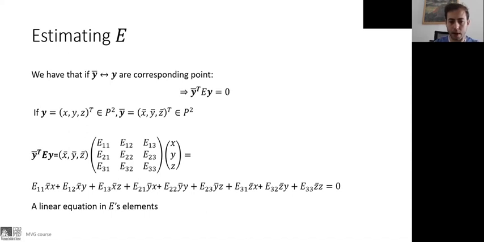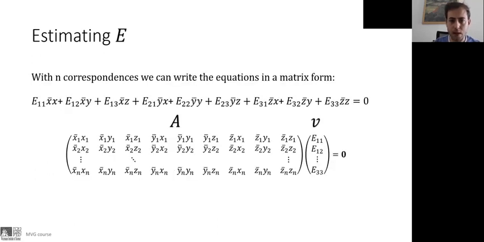So we get linear equations in the elements of the essential matrix. If we have n correspondences, we get n linear equations that can be expressed by the matrix multiplication A V equal to 0, where V is a vector of our unknowns, the elements of the essential matrix, and each row in A results from one point correspondence.